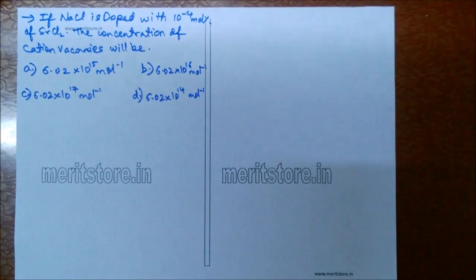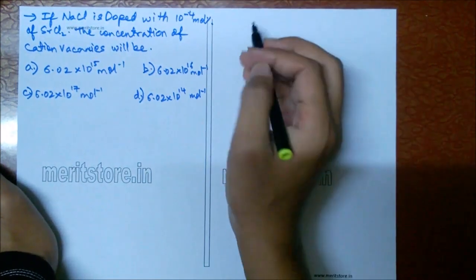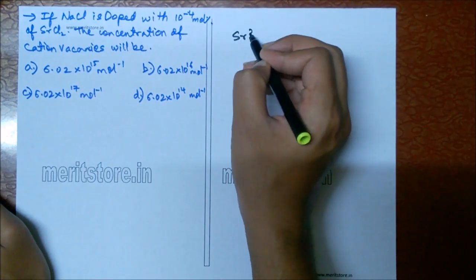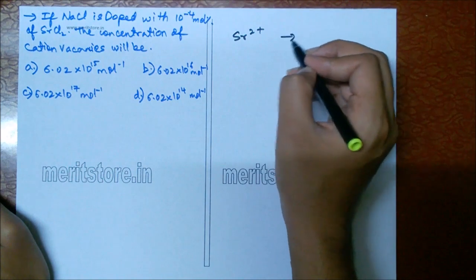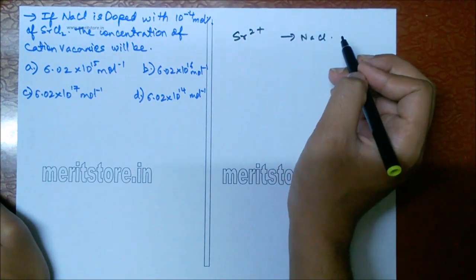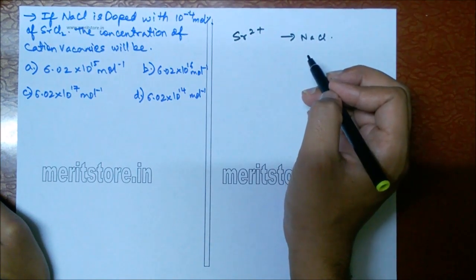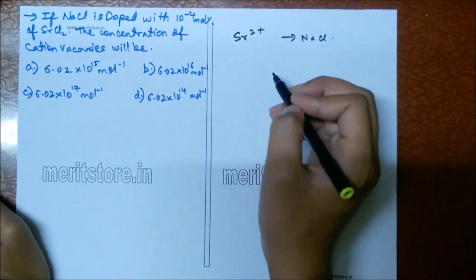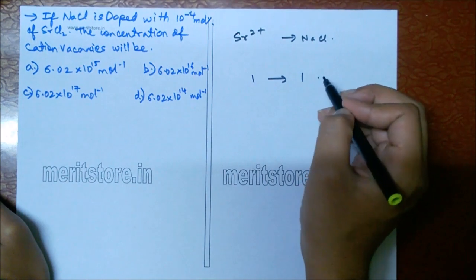If NaCl is doped with 10 raised to minus 4 mole percent of SrCl2, the concentration of cation vacancies will be? One cation of Sr2+ would create one cation vacancy in NaCl. Therefore, the number of cation vacancies created in the lattice of NaCl is equal to the number of Sr2+ ions added.